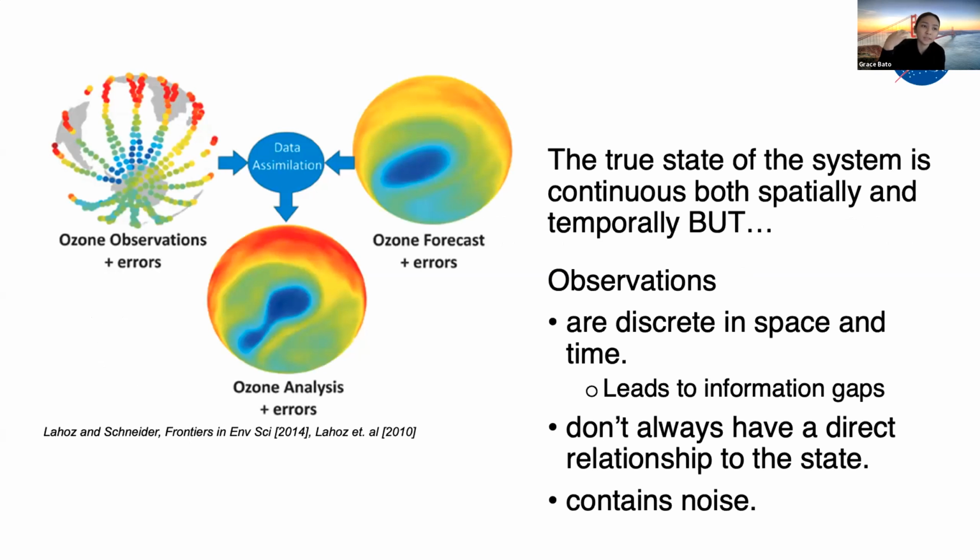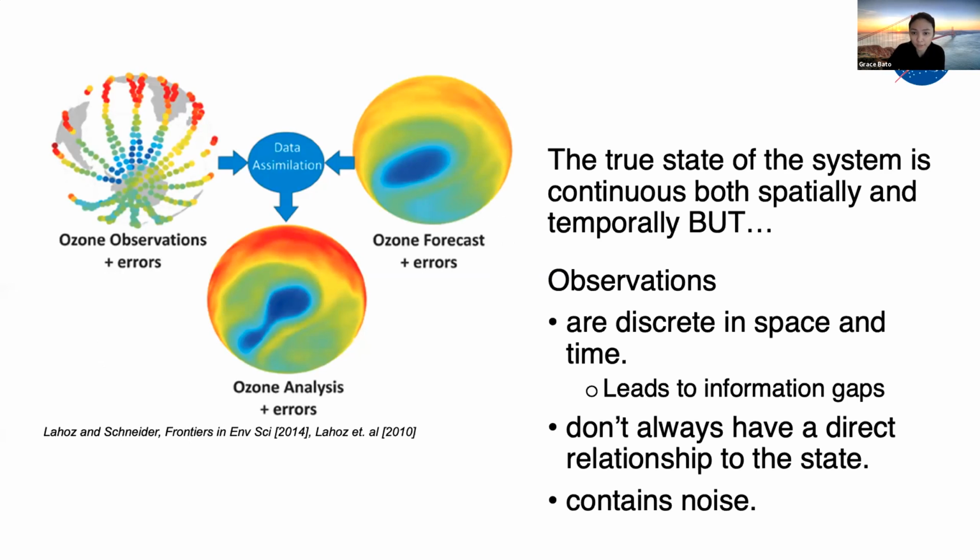Typically, to obtain information about the true state of the system, we develop or use instruments or observing systems to measure it. However, the true state of the system is continuous both spatially and temporally, but the observations or the data that we measure are actually just snapshots of the true state of the system.